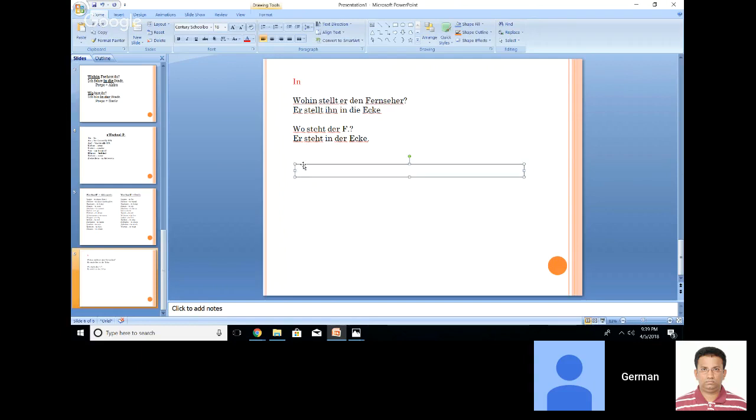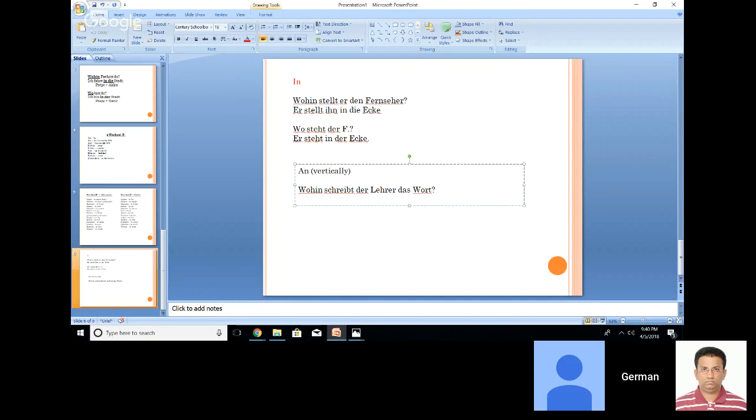The next one would be an. An is for vertically placing it. The question would be: Wohin schreibt der Lehrer das Wort?